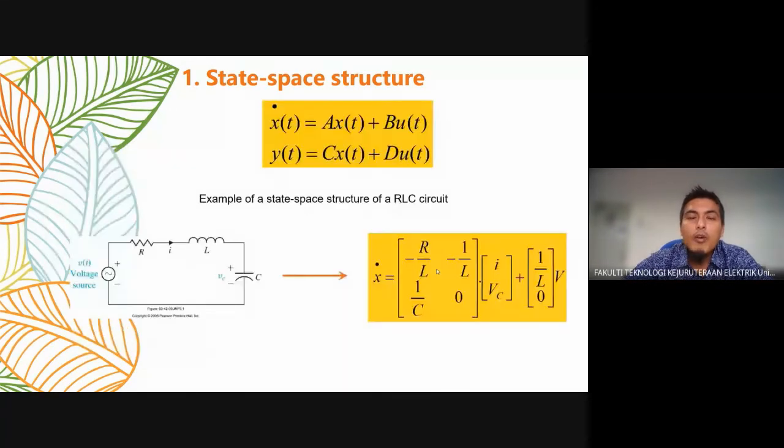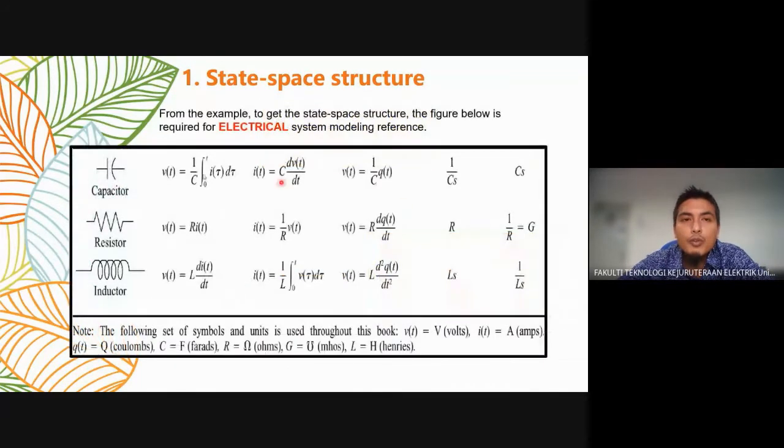In order for you to convert this kind of circuit to this state space equation, you must refer to this table. For example, to get the state space structure according to the previous slide, the figure below is required for electrical system modeling. For the capacitor, you can see the voltage equation, and then for the current, this is the equation.